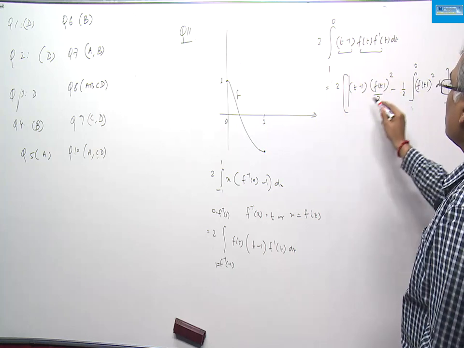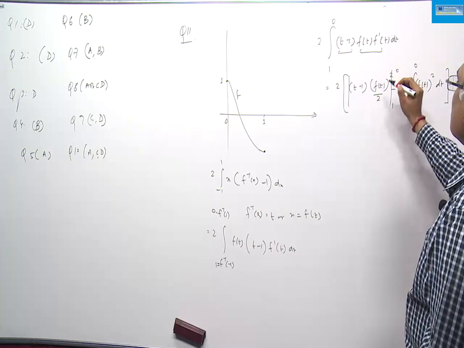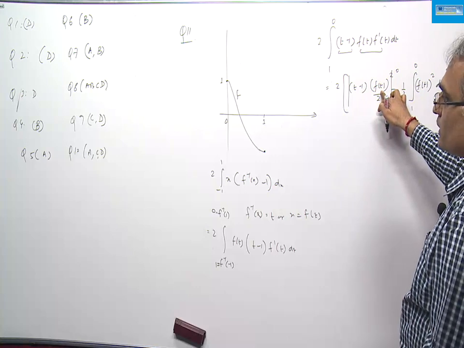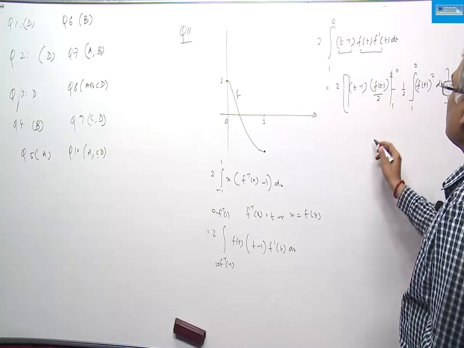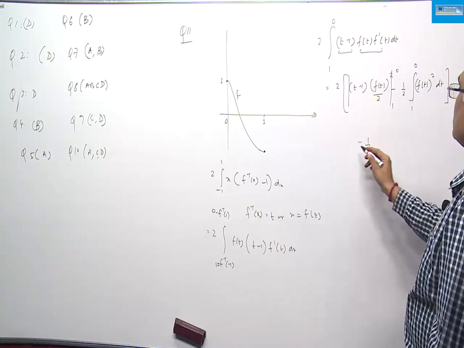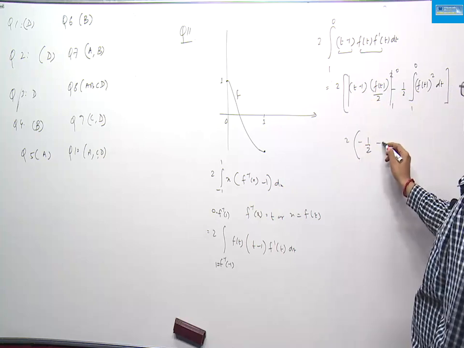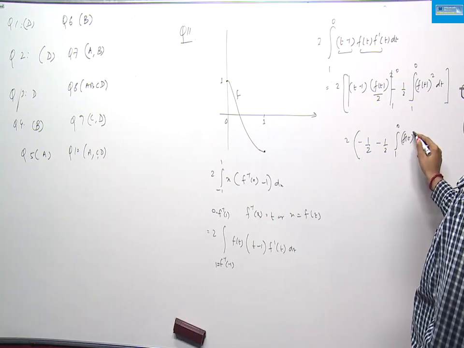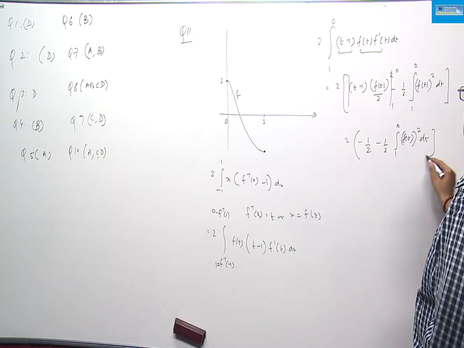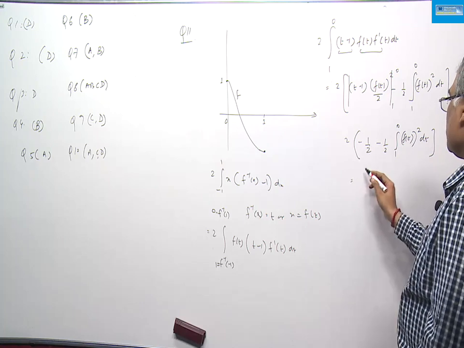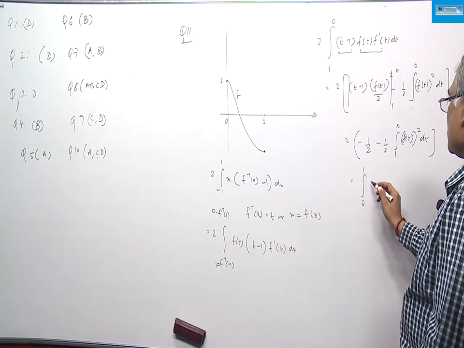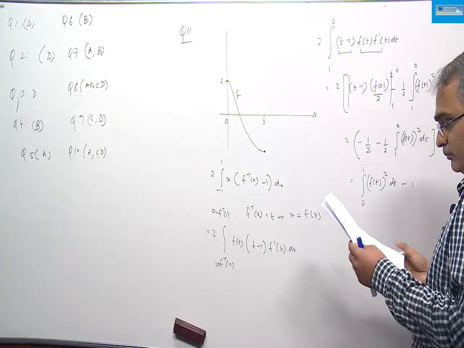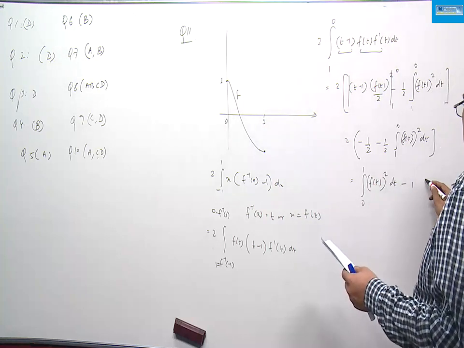Taking limits on this part, 1 to 0, at 0 it is coming out to be minus f(0) square. f(0) was 1, so minus half, at 1 it is 0, twice of this, minus half the integral from 1 to 0 of f(t) square dt. That is, finally it is coming out to be the integral from 0 to 1 of f(t) square dt minus 1. That is option A.